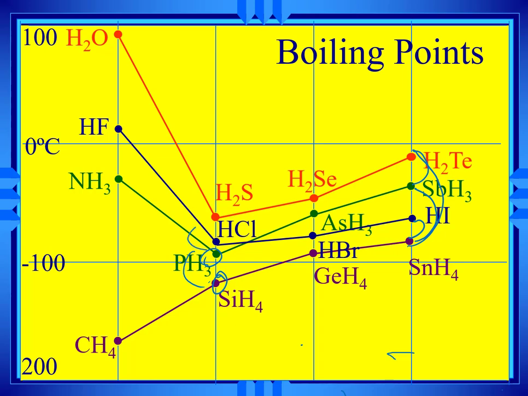All of these are a little bit higher than the flat line because the flat line is nonpolar, then there's a little bit polar, then a little bit more polar, and then even more polar. So they stick together a little bit better as they become more polar. So that's about dipole interactions.